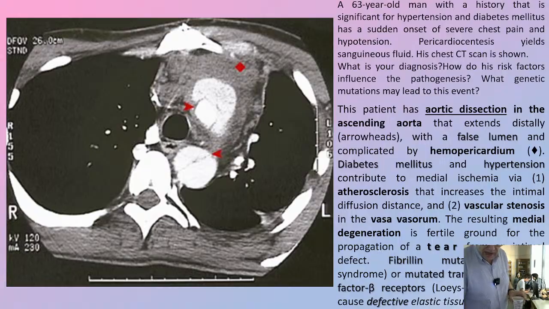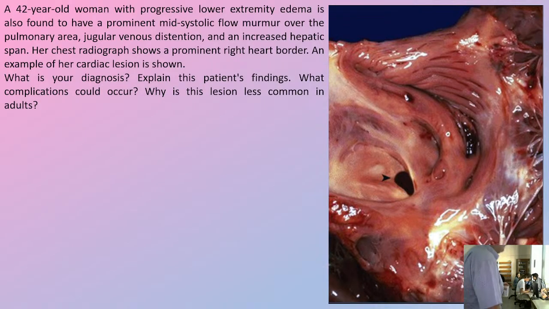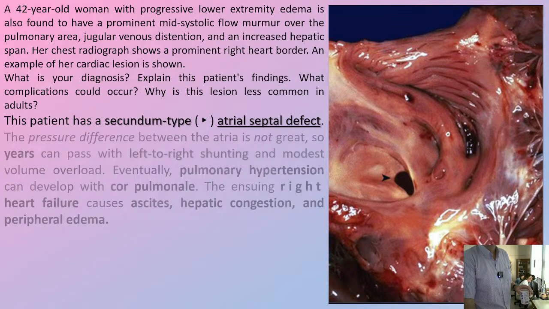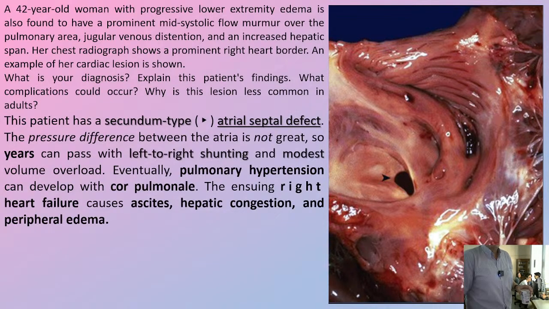And the last cases will be briefly discussed. This is a single defect, not related to other malformations, between the two atria, an atrial septal defect. Why does the patient have jugular venous distension and increased hepatic span?